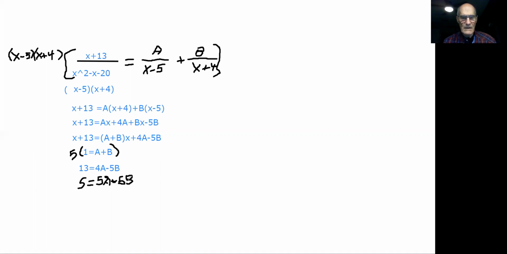Then you can see that I have a plus 5B and a minus 5B, so my B terms will cancel, and I have 18 equals 9A. So A equals 2.